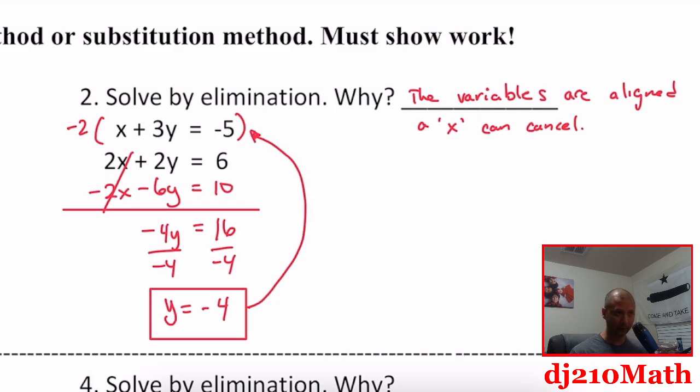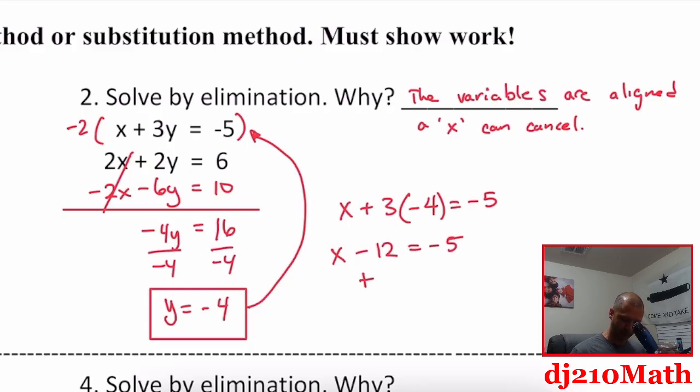I'm going to do the top one before we multiplied by negative 2. So x plus 3y, in this case negative 4, is equal to negative 5. X minus 12 is equal to negative 5. If we add 12, x is equal to 7.